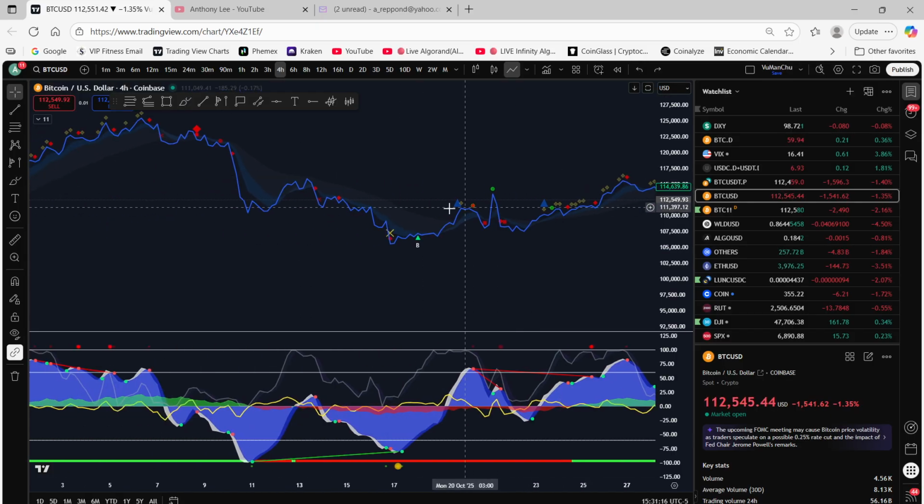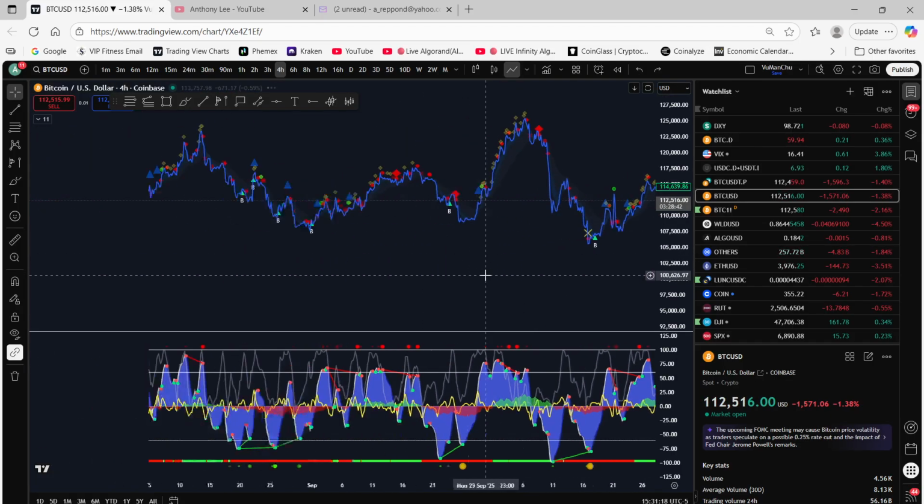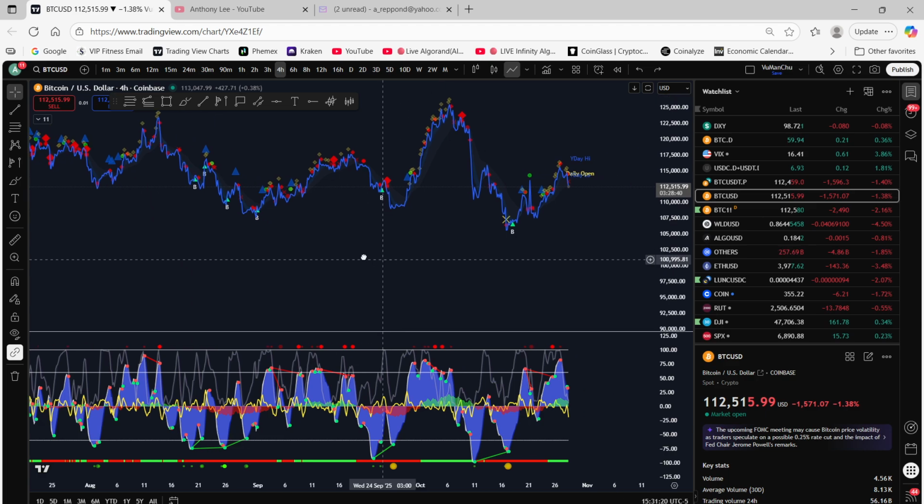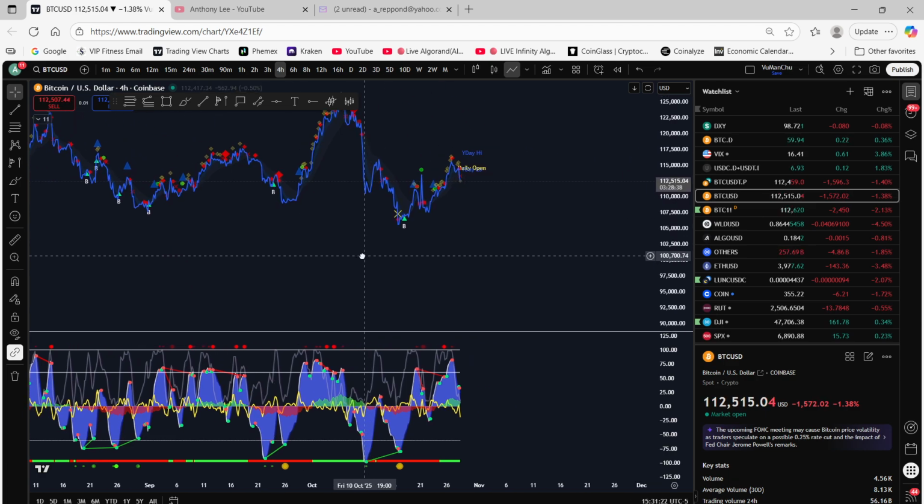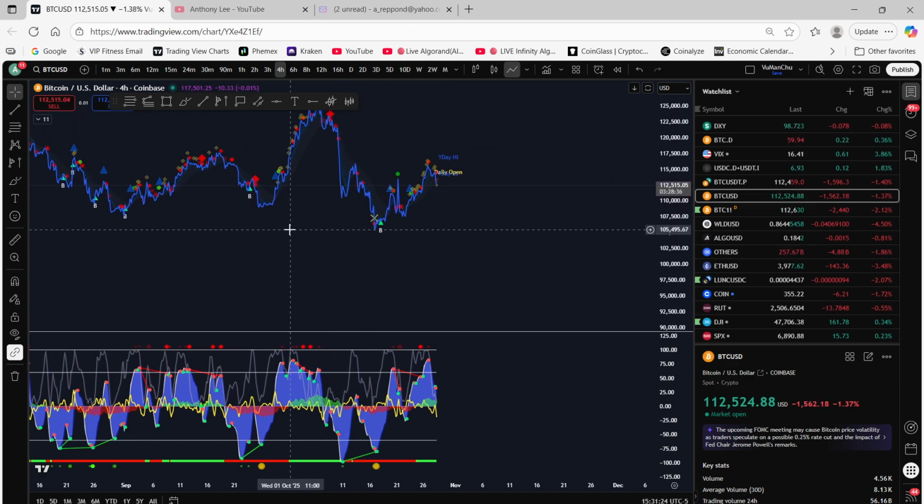Now let's see. We're looking at that same move, and here we go. September 25th. Yeah, we can see a divergence here, bullish divergence here. On the 4 hour, this would give you an ability to front run this move. So we're all the way over to the 17th of October.